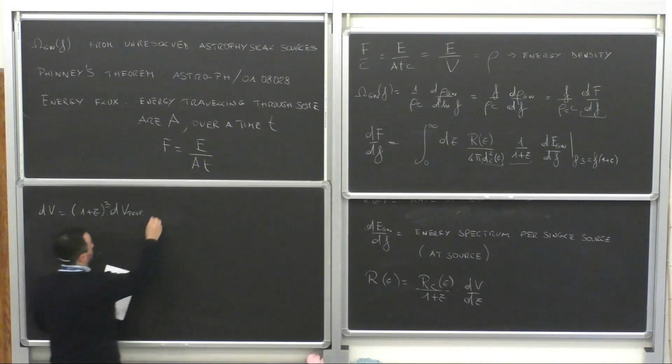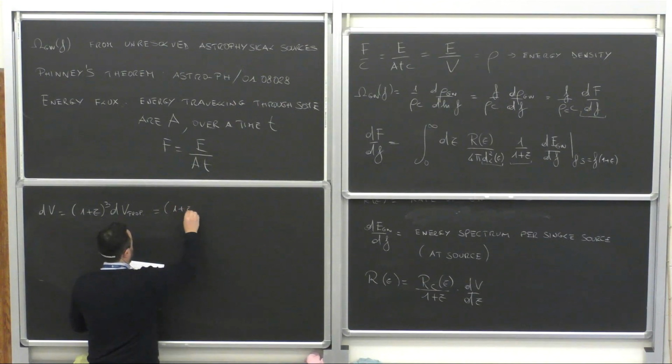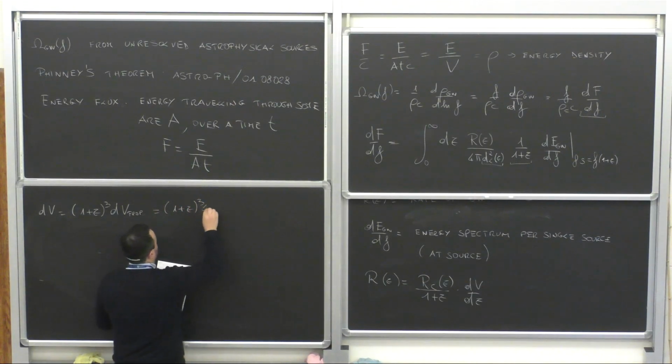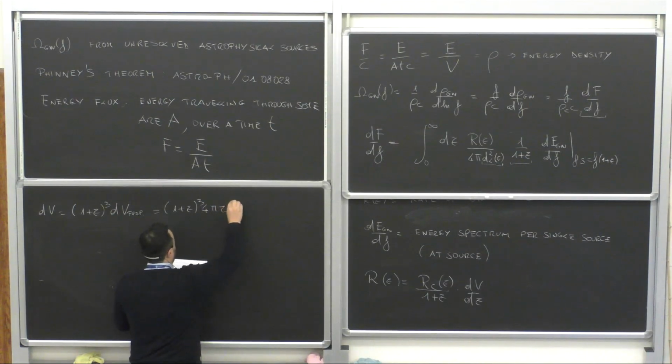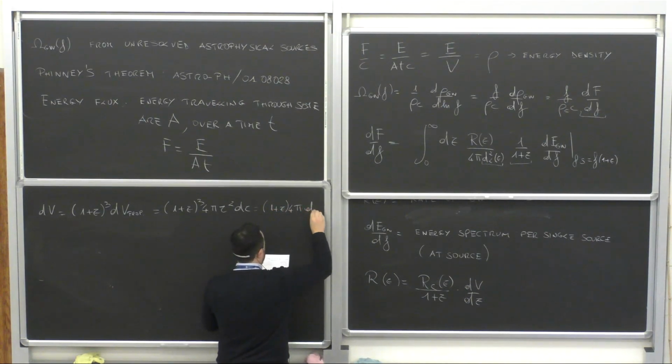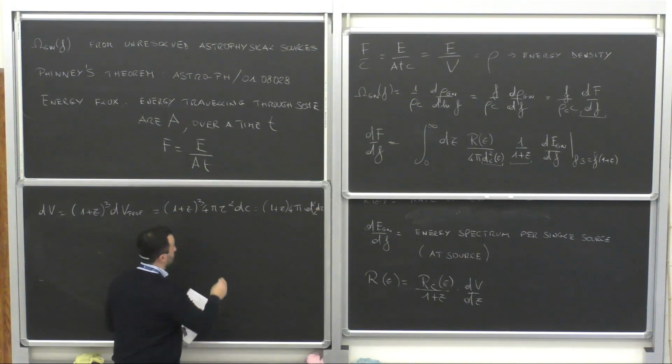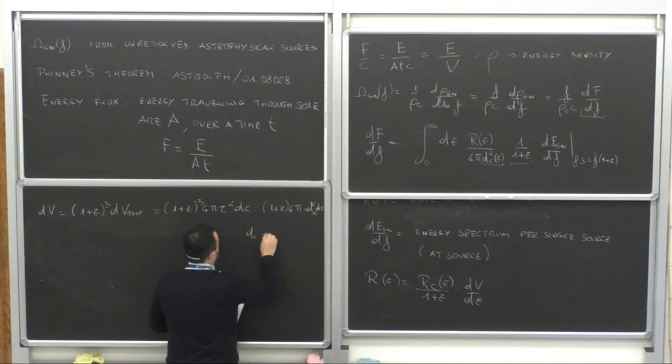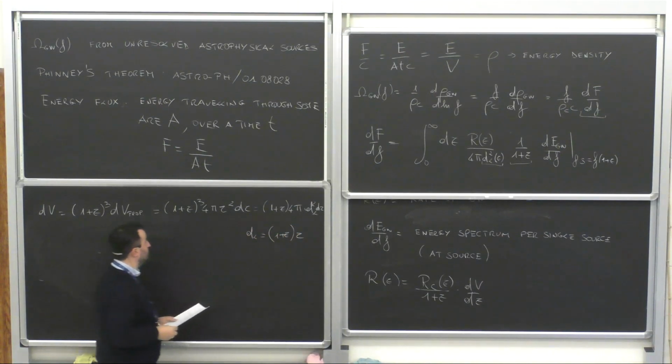And this is equal to (1+z)^3 4 pi r^2 dr, equal to (1+z)^-1 4 pi d_L^2 dr. Remember that the definition that relates the luminosity distance to the proper distance is this.